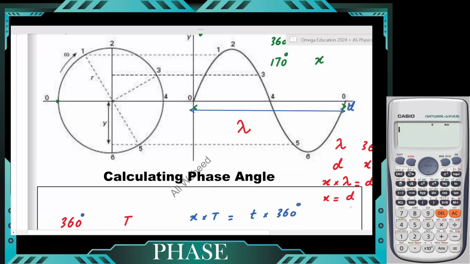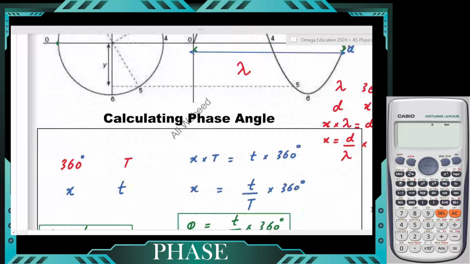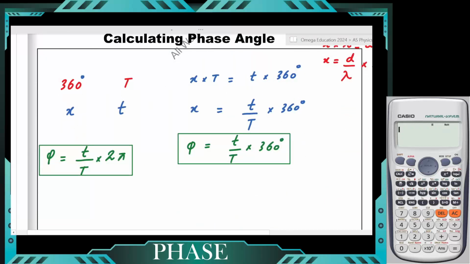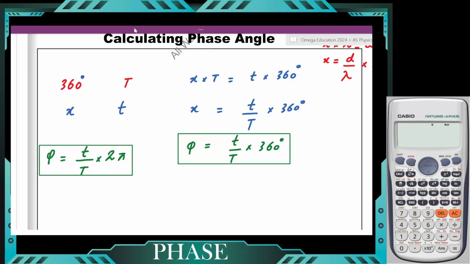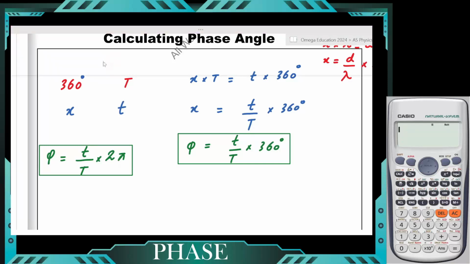It would be d divided by lambda times 360. So that is the other expression for phase if you're given a displacement distance graph. So phase in that case equals the given distance divided by the wavelength of the wave times 360 degrees, and for radians you have the same thing, distance divided by wavelength times 2 pi radians.